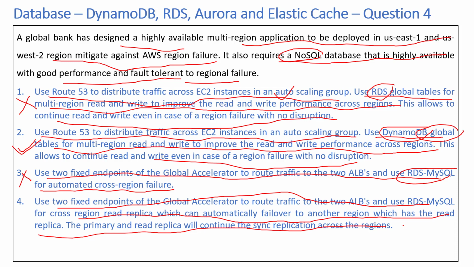But one thing you need to keep in mind is that if it was a SQL database, then you could use RDS MySQL and have cross-region replicas, which you can then switch over to the second region. But the RTO and RPO, as we had earlier discussed, is more than 5 minutes because you have to manually switch over to another region for that read replica, and at the same time there is also a replication lag.